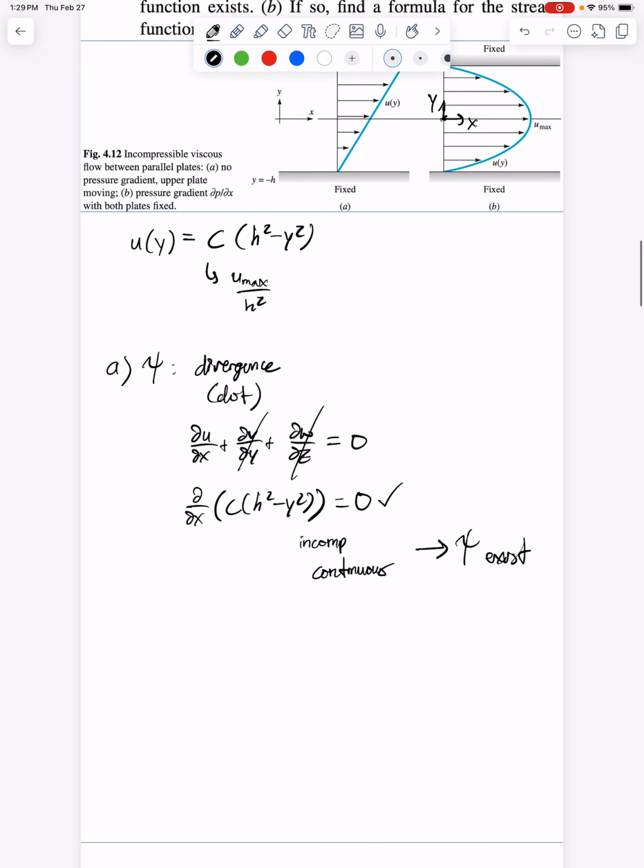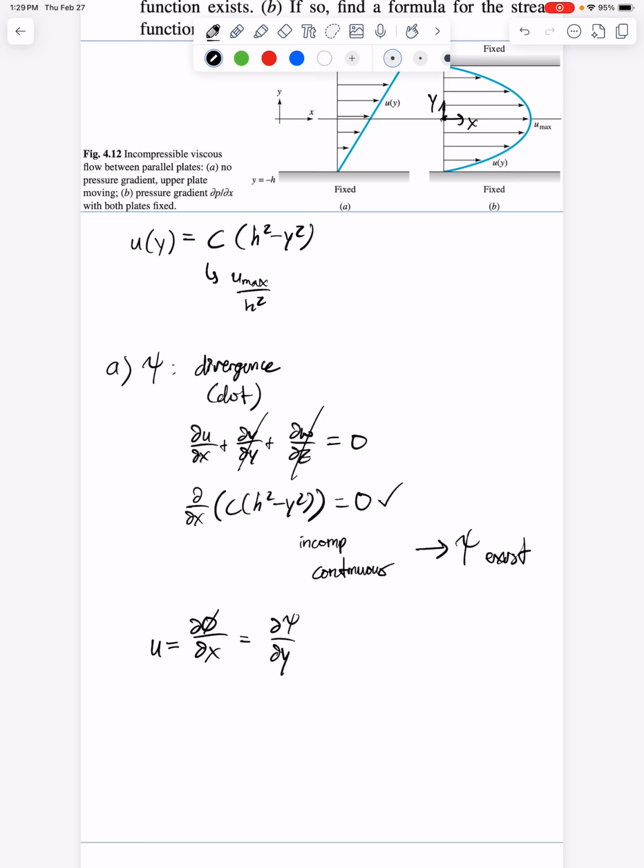So, now because it exists, we're interested in finding the streamline formula. One thing to note, at least for u, let's start with u first. Earlier, we saw that u is the partial derivative of phi with respect to x. Because your streamline is perpendicular to that, what you'll see is that u is the partial derivative of psi with respect to y.